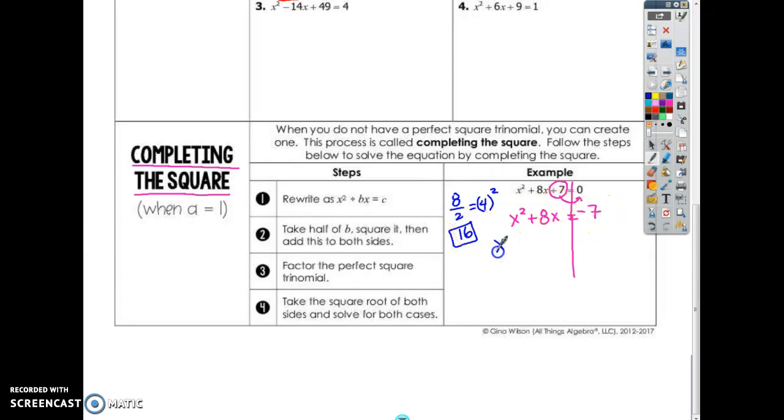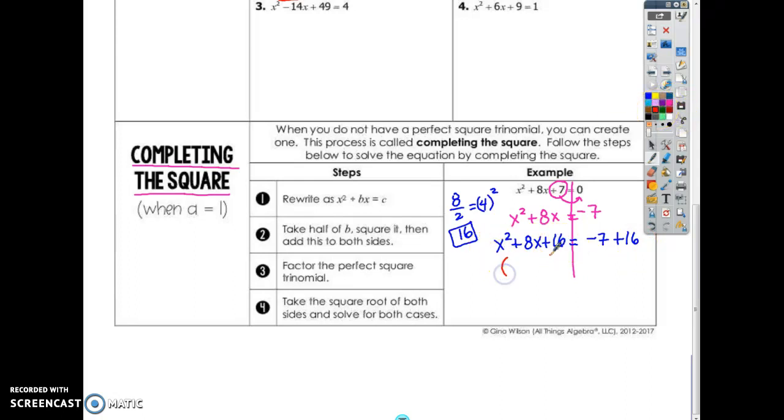So now I have x squared plus 8x plus 16 equals negative 7 plus 16. You add it to both sides. Okay? Why? Because now this is a perfect square. Este es un perfect square.